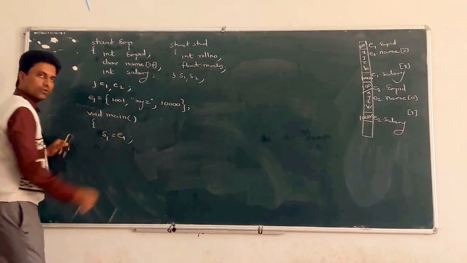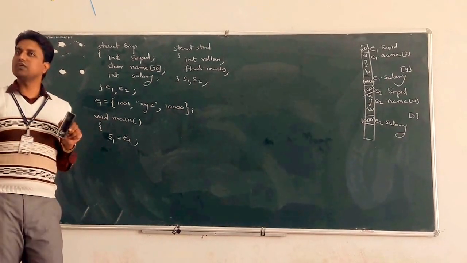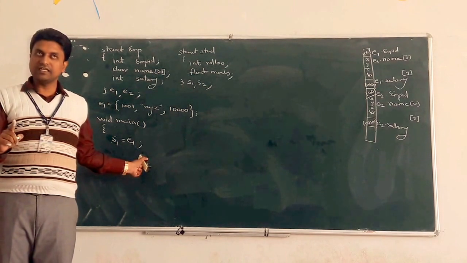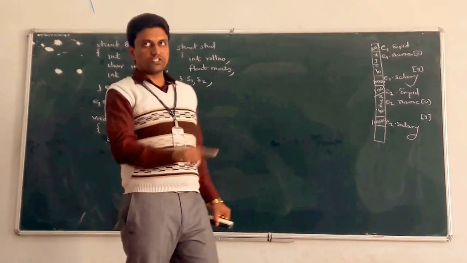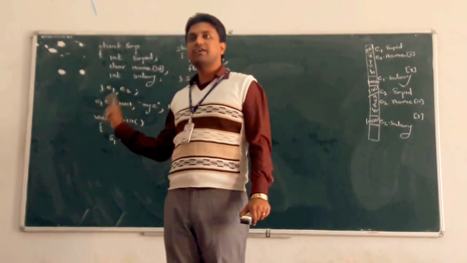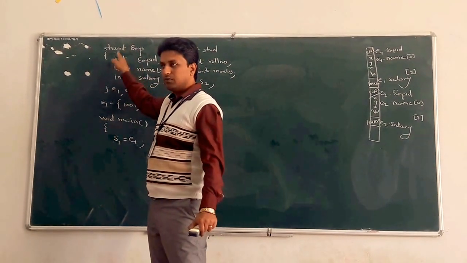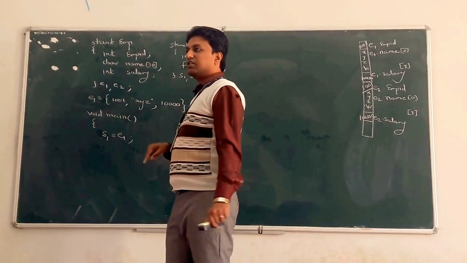Now, if you want to assign the E1 value to S1, that is S1 is equal to E1, that is the E1 record copied to the S1 record, it is not possible. It gives you a syntactical error. We can assign one structure variable to another only if both have the same type, that is the same structure type, both struct employee or both struct stud.